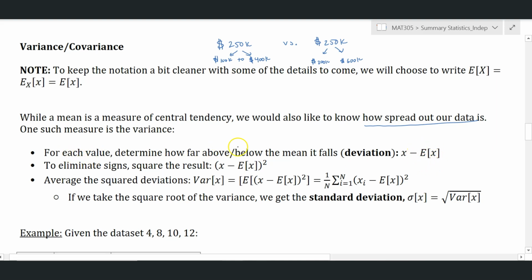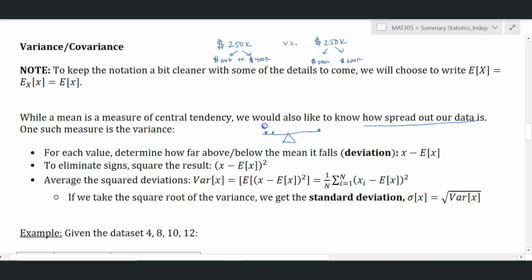So for each value, determine how far above or below the mean it falls. So if we have, let's say, our mean right here, what the mean does is it balances the data, right? So you have these data points, and the idea behind this is that the mean keeps it perfectly balanced. It provides that centrality, and it balances the data points so that we can compute the deviation.